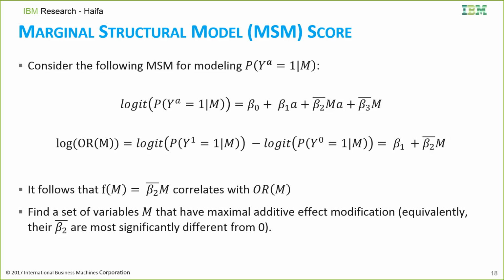So it's basically the probability is affected by the treatment, by the disease modifiers, and by interactions between these.